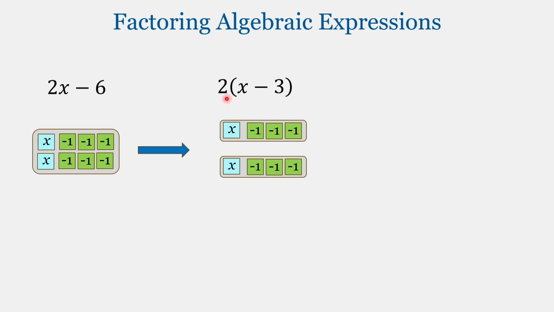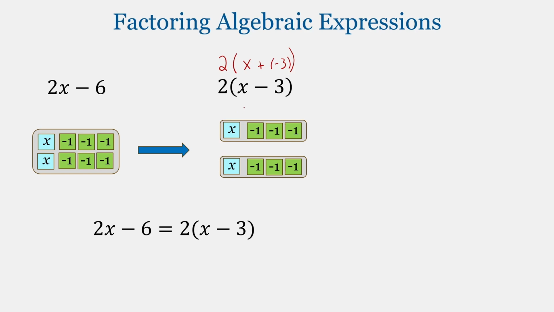So we write that as 2 times the quantity x minus 3. This is the same as 2 times the quantity x plus negative 3. Therefore, 2x minus 6 is equal to 2 times the quantity x minus 3.